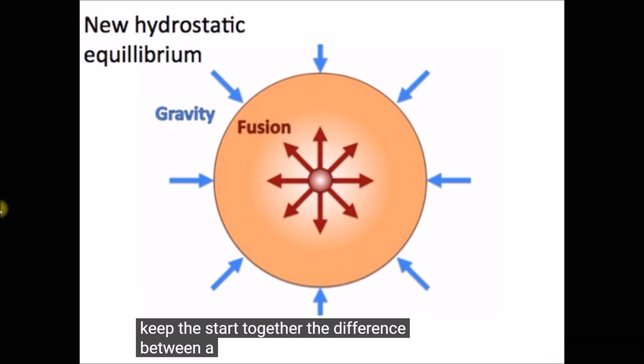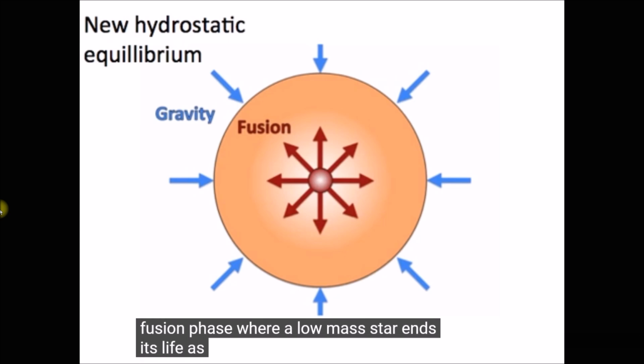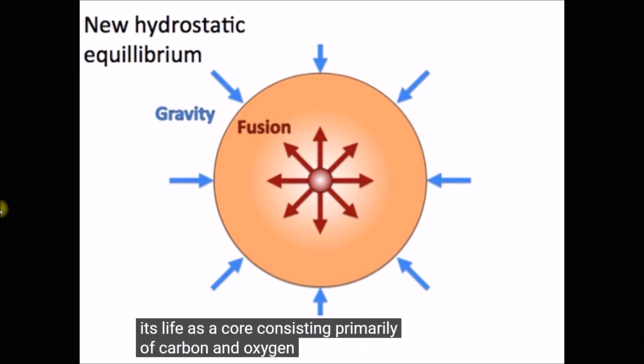The difference between a moderately low mass star and a high mass star is seen after the helium fusion phase, where a low mass star ends its life as a core consisting primarily of carbon and oxygen. A heavy star enters a new fusion phase.